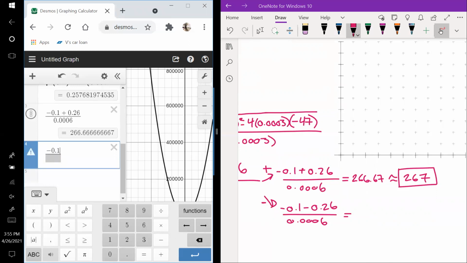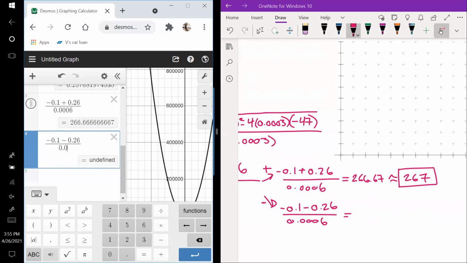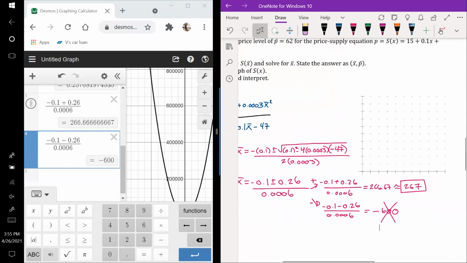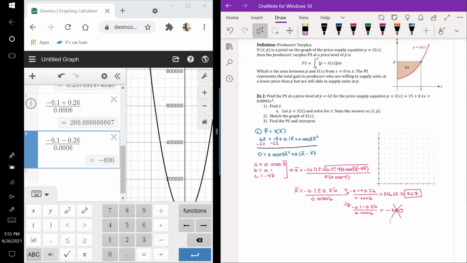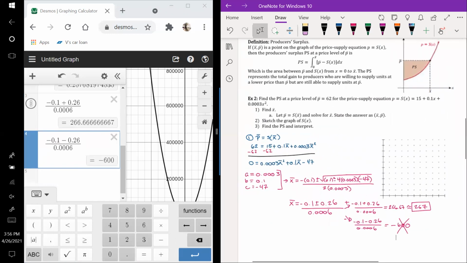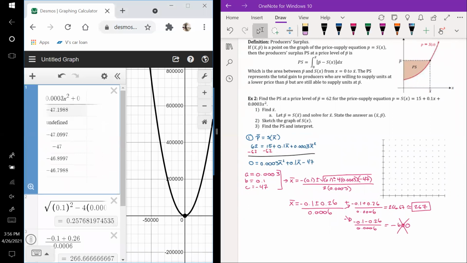There we go. -0.1 minus 0.26 over 0.0006, and that gives us -600, which is out because here we're talking about demand and we can't have negative demand. All right, had to go old school on that one, guys. Sorry, Desmos did not want me to type in those Y values. I thought you could. I've done it before. It's just not doing it now.